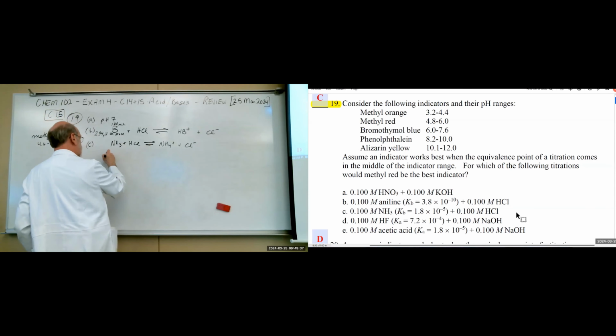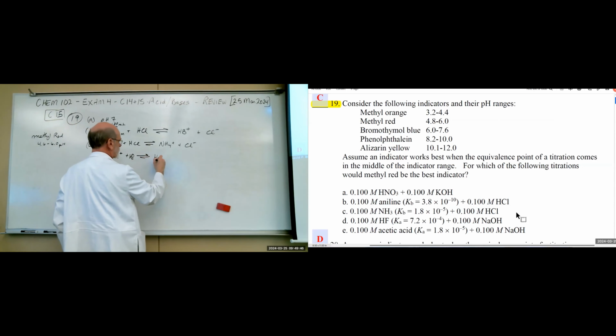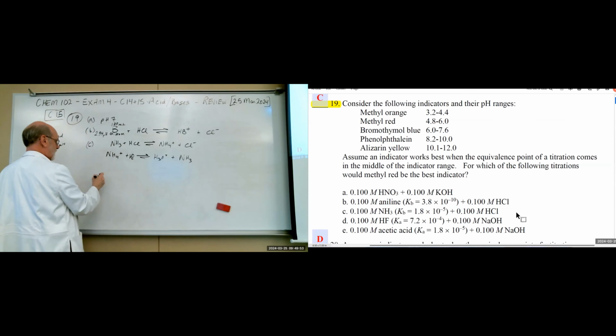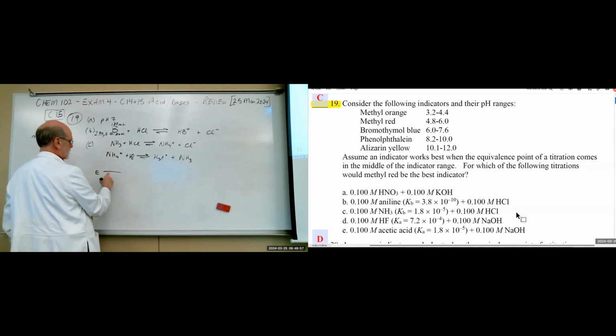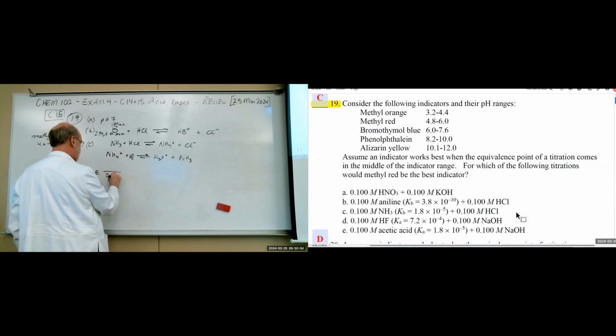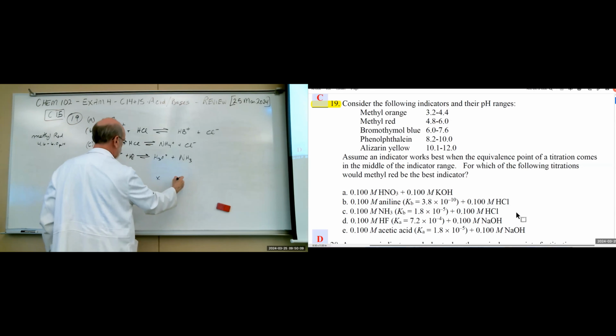So this is our equilibrium reaction, plus H2O yields H3O plus and NH3. All right. So we know that at equilibrium, we're going to end up with 0.050 minus X. This is going to be X and this is going to be X.